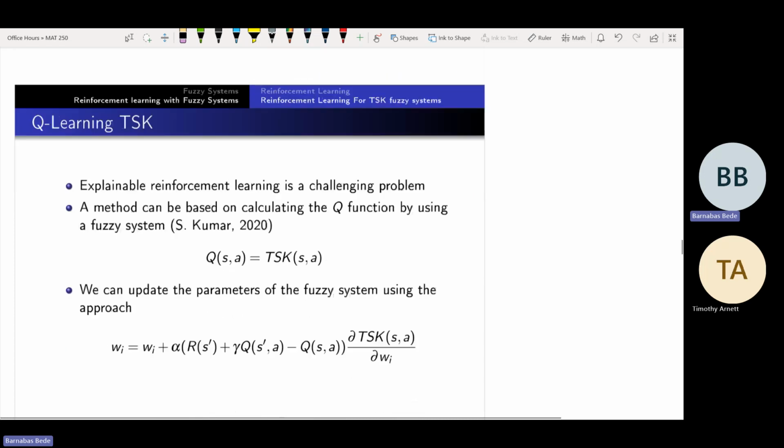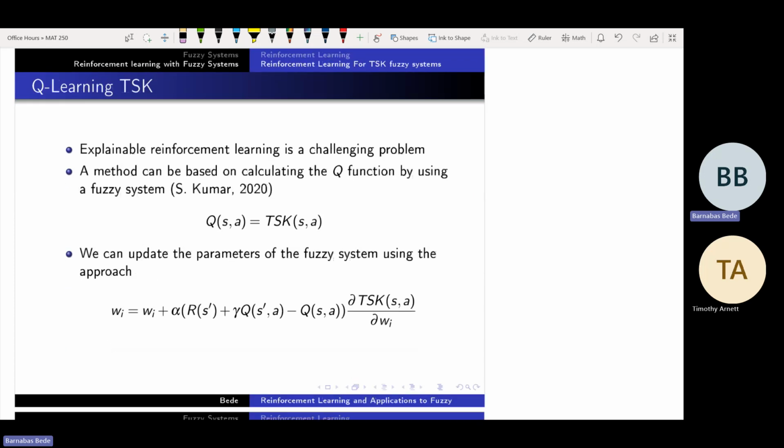So how does this work with Takagi-Sugeno-Kang systems? Basically here we get into the TSK fuzzy system that is doing reinforcement learning. And this is a very challenging problem because we are trying to do explainable reinforcement learning.